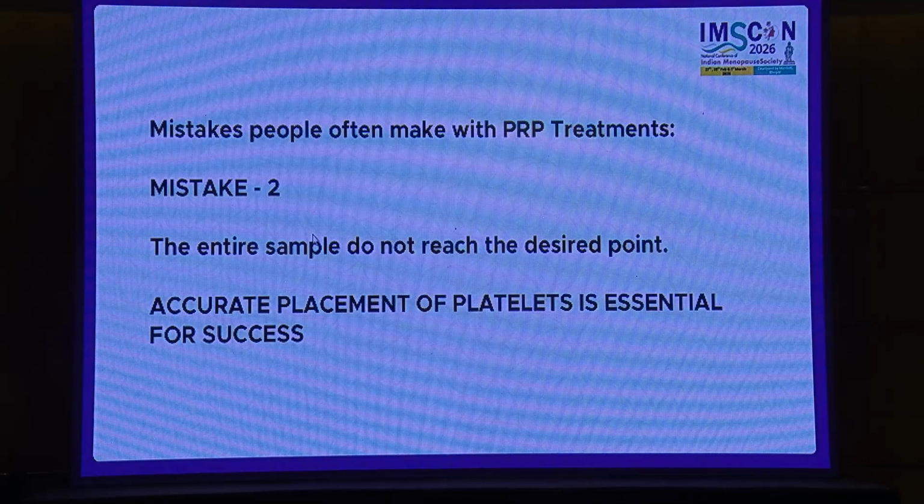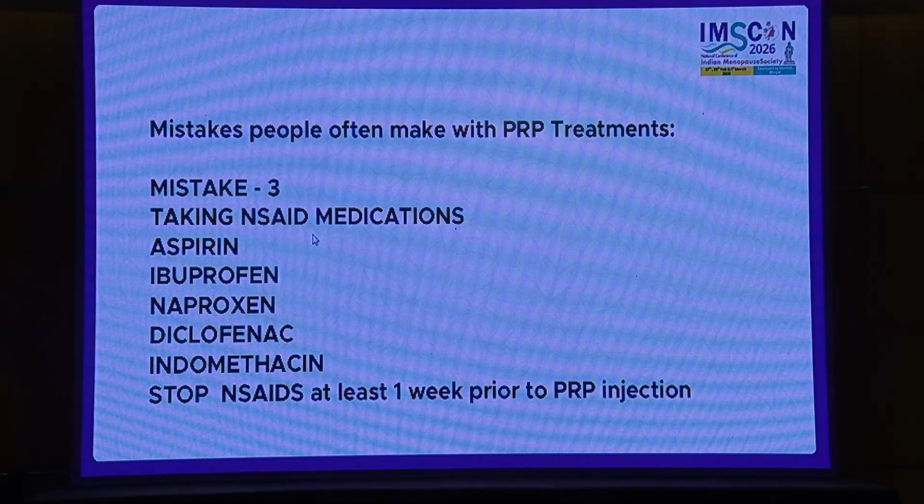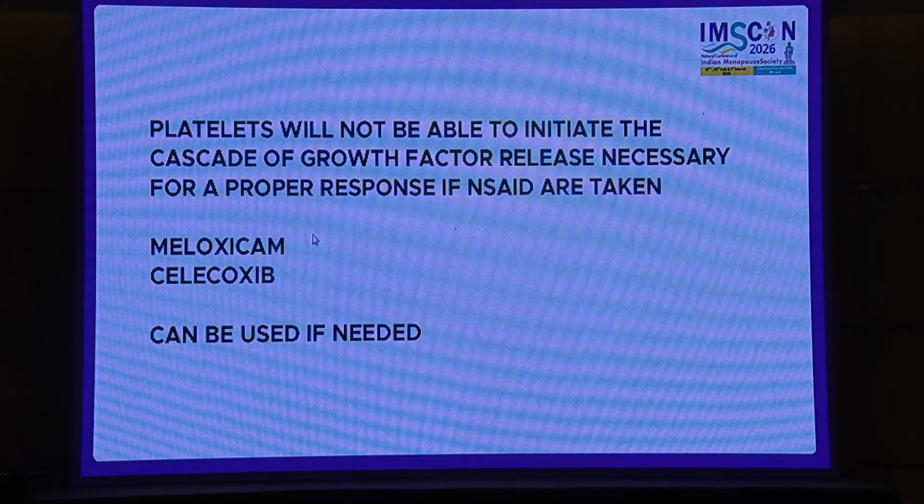You have to decide which point you desire the most effect, and put the platelet-rich plasma at that point so that an adequate concentration of platelets is there. The third mistake is that the patient does not stop taking NSAIDs. NSAIDs should be stopped at least 1 week prior to PRP, because the platelets will not be able to initiate the cascade of growth factor release necessary for a proper response.